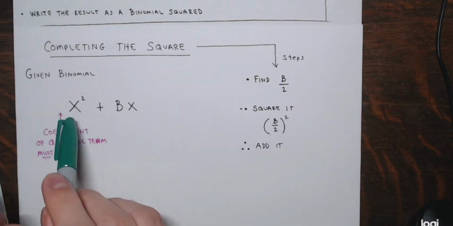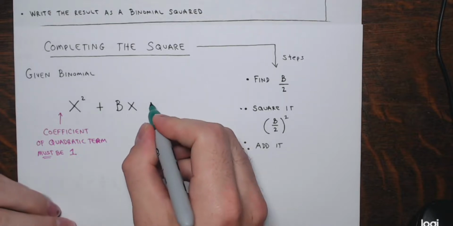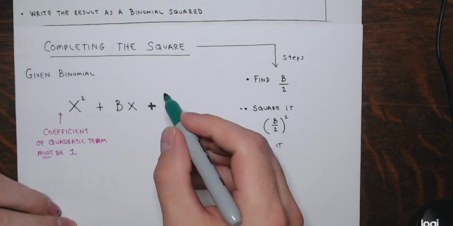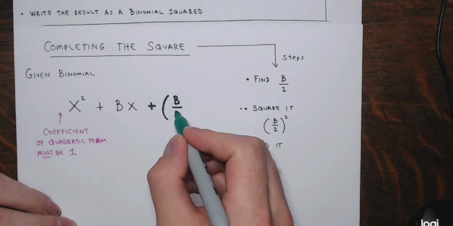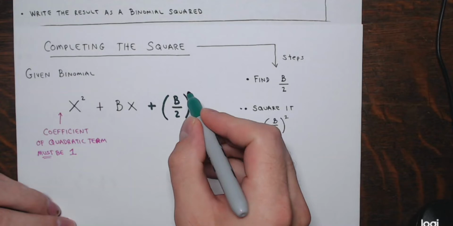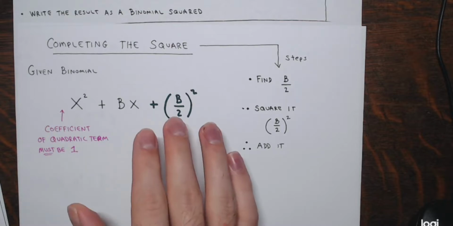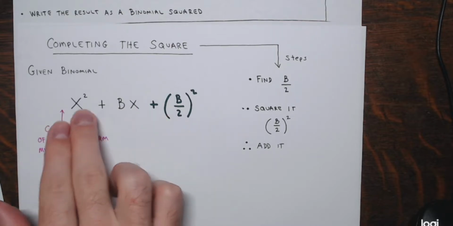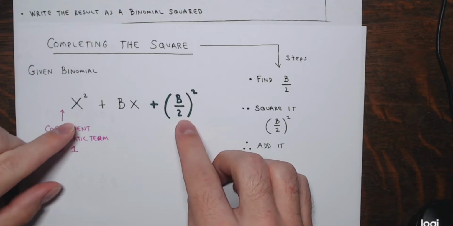So we have x squared plus bx. I will then add half of b squared. This turns this expression from a binomial into a perfect square trinomial.